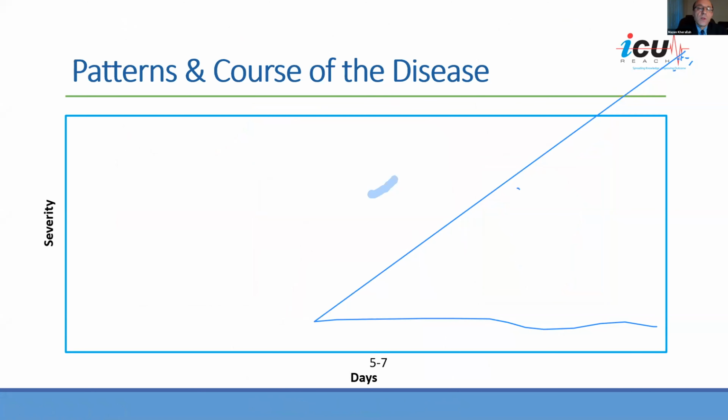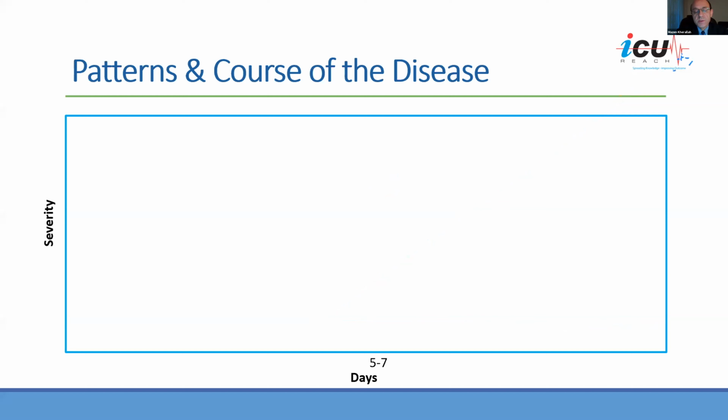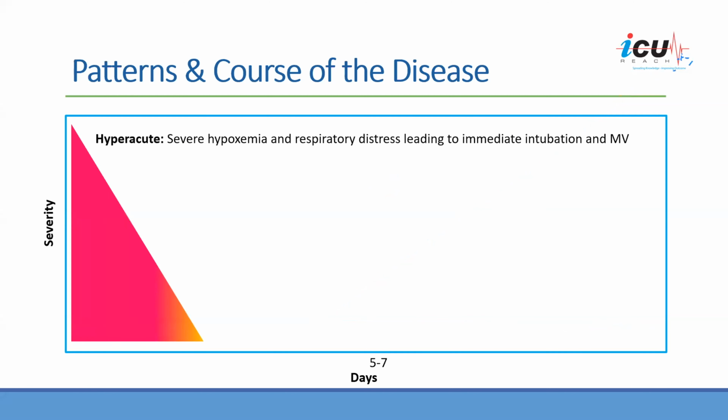The other thing that we learned about this disease is that we have different patterns and different courses. You have already seen those patients presenting with very severe hypoxemia and severe respiratory distress, leading to immediate intubation, mechanical ventilation, and possibly death.